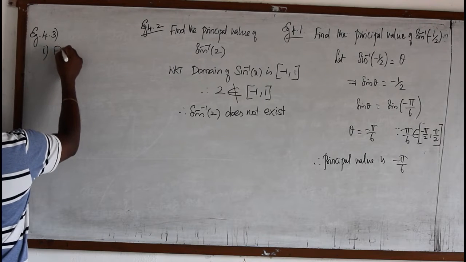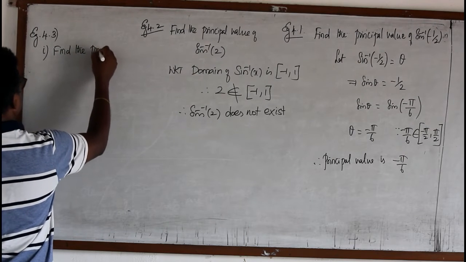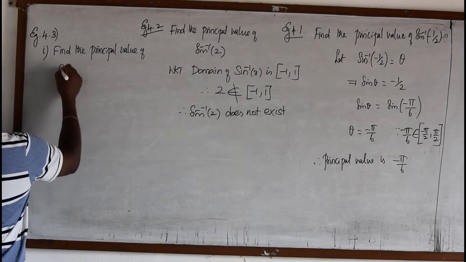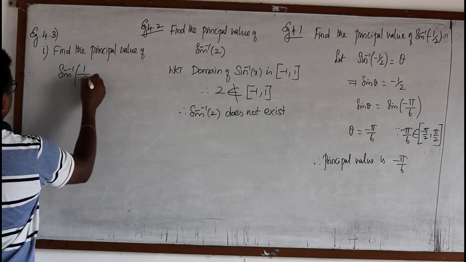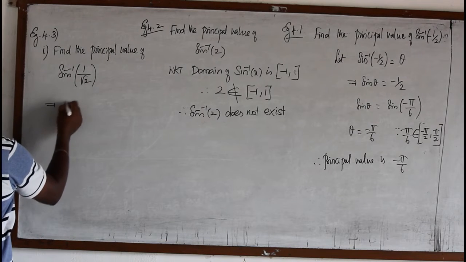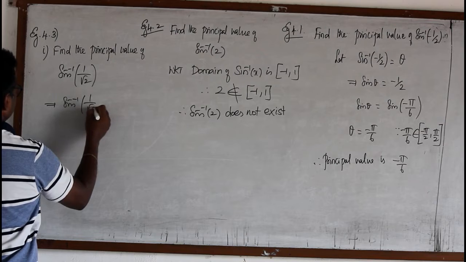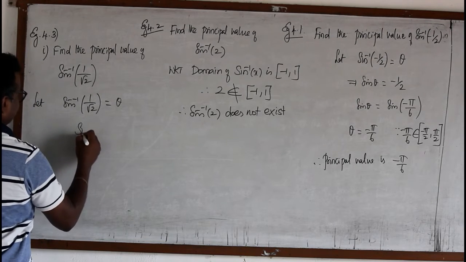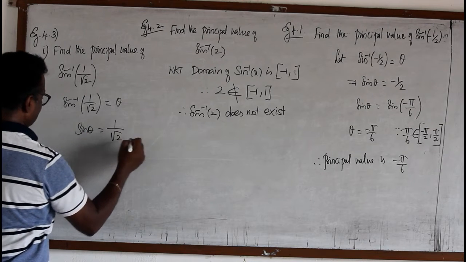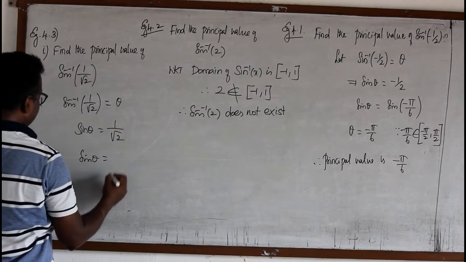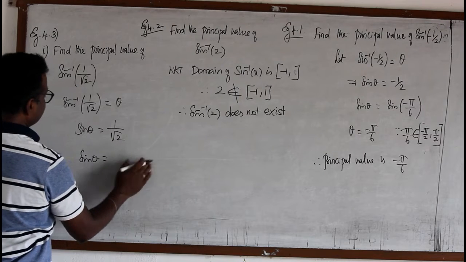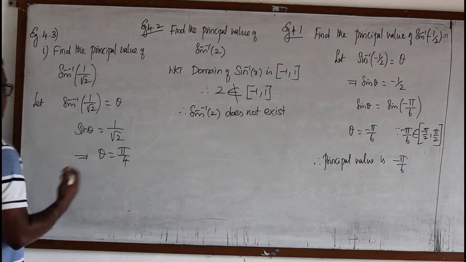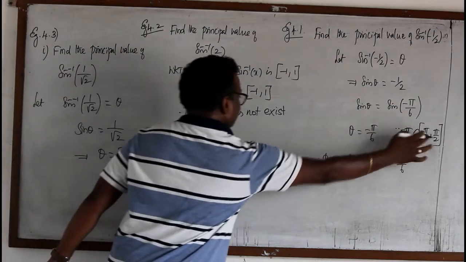First problem. Find the principal value of sine inverse of 1 by root 2. Suppose I take it as some theta, then sine theta equals 1 by root 2, which means theta is 45 degrees. Will 45 degrees lie in this range?